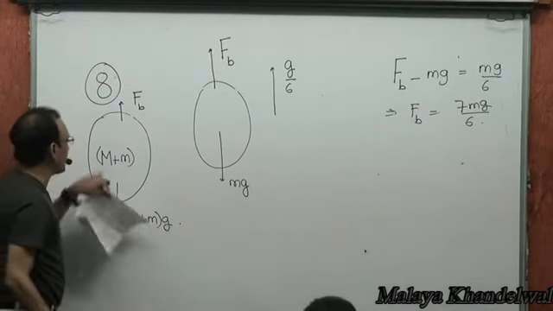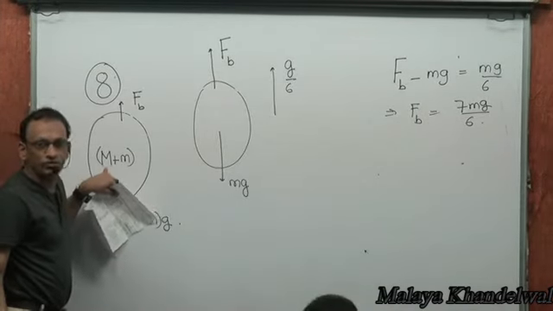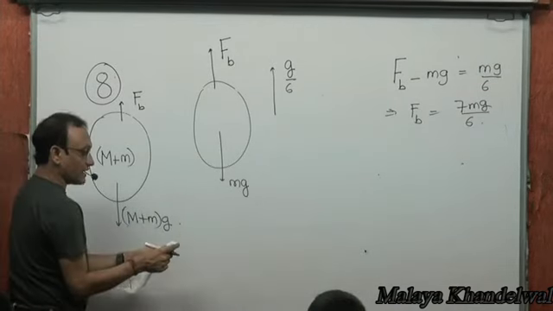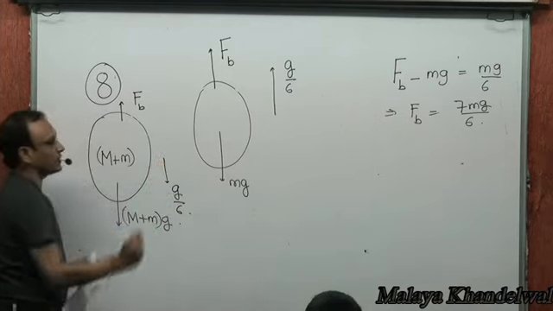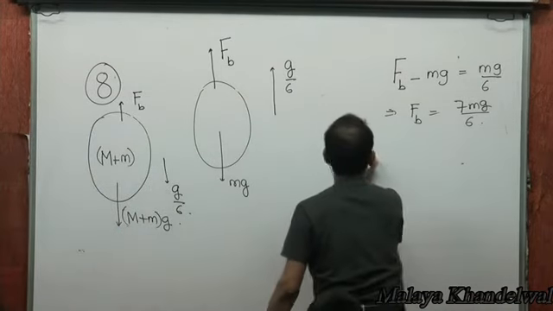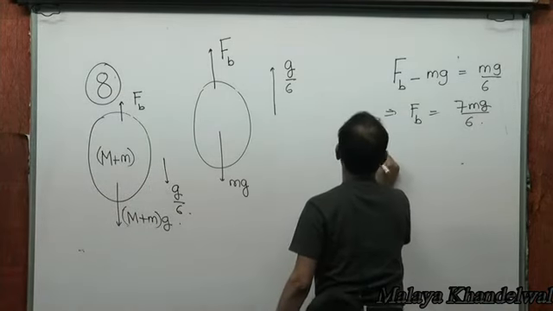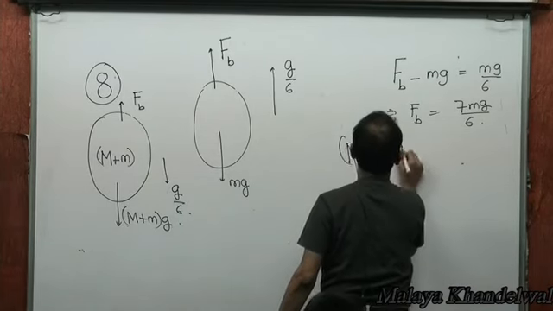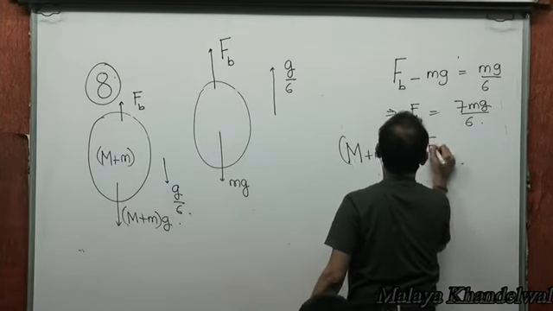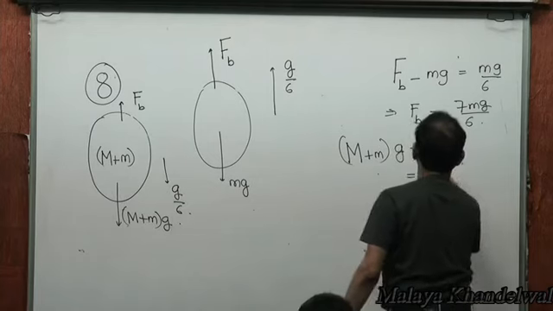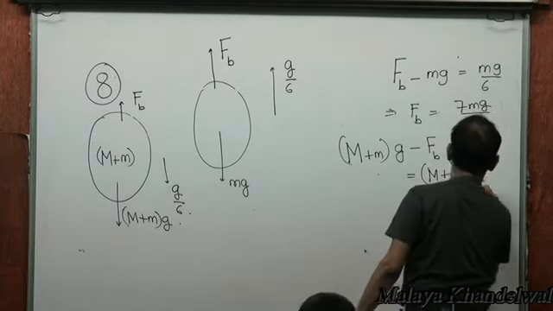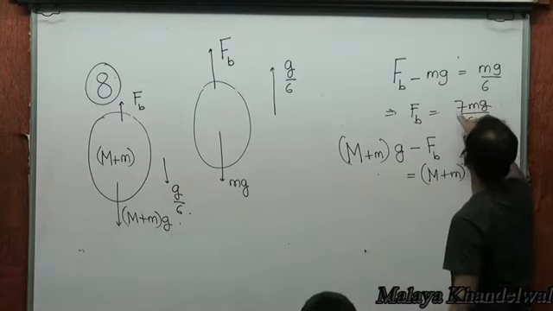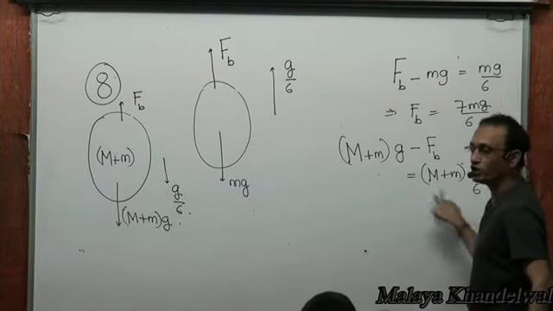And what we are seeking is, by adding capital M units of water, an acceleration g by 6 downwards. Now the fresh equation of motion is (M plus m) into g minus Fb equal to (M plus m) into g by 6. Fb you can plug in as 7mg by 6 and solve for capital M.